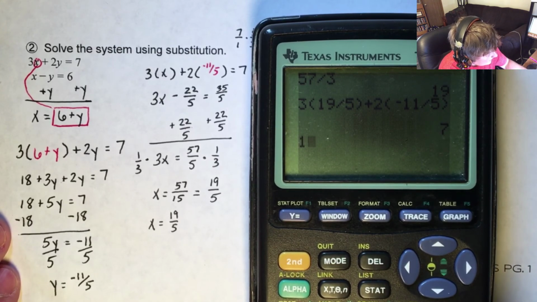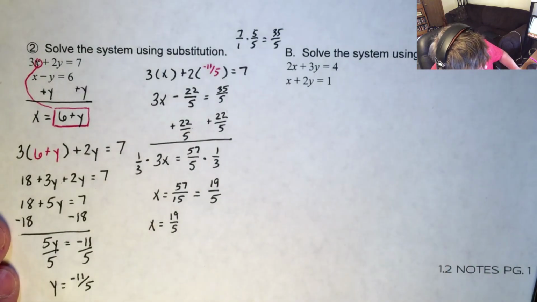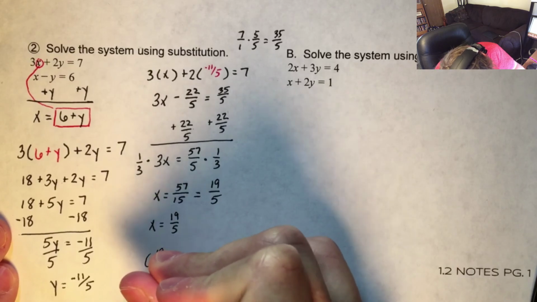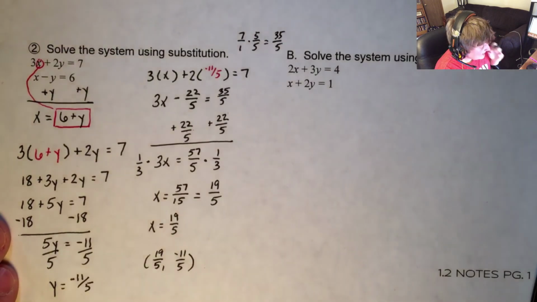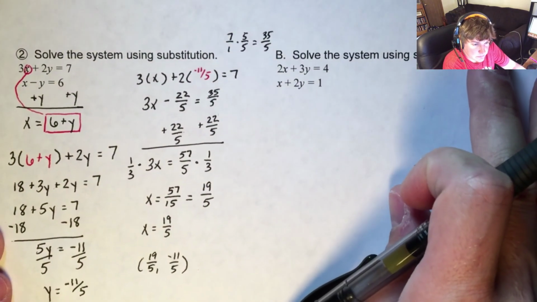So I have 19 over 5 minus negative 11 over 5. And it balances out to 6. So this is indeed my solution: 19 over 5, comma, negative 11 over 5.